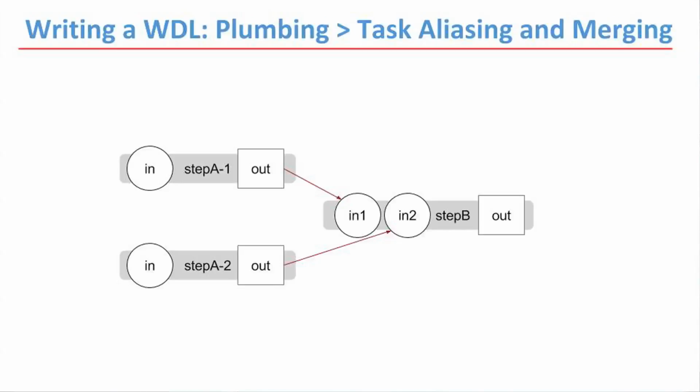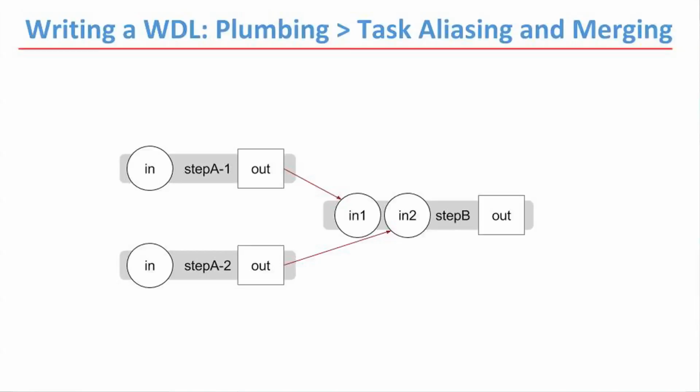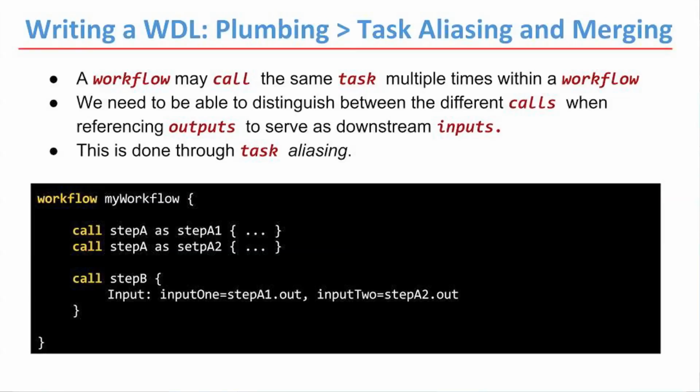The next WDL we'll take a look at is one that does task aliasing and merging. In this case, we are running the same task twice, and the outputs of each of those tasks are fed into a downstream step B. But we need a way of running the same task multiple times, and the way we do that is through the construct as.